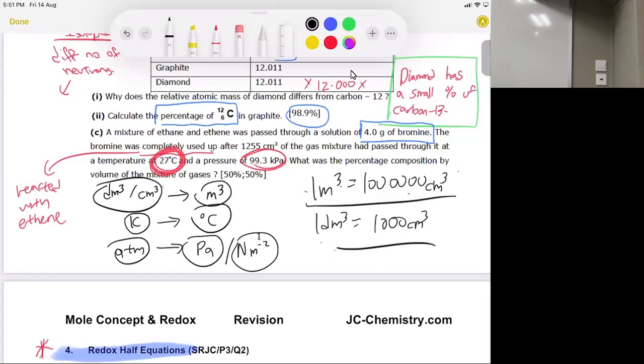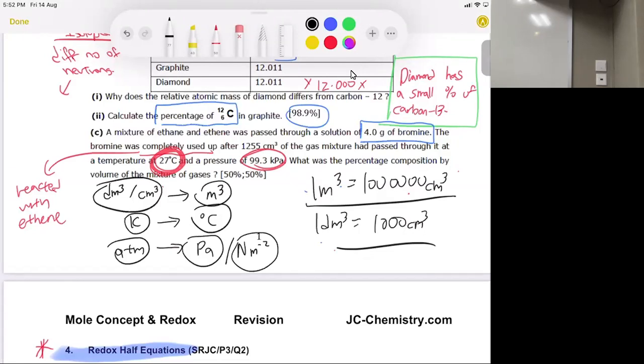Move on. Because it's volume, then this is cm cube, so you get 2 times 6. Why is it cm cube? To balance. So you can combine both.